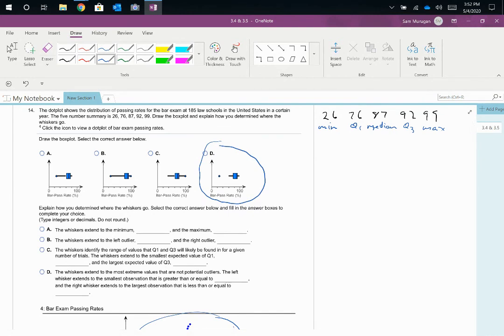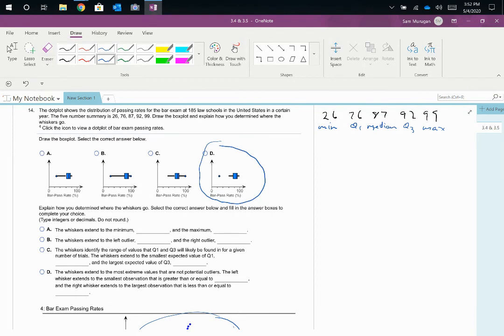So now it says to explain how you would determine where the whiskers go. Select the correct answers below and fill in the answer boxes to complete your choice. So the left whisker, let's see, the whiskers extend. Not sure how they want us to answer this.